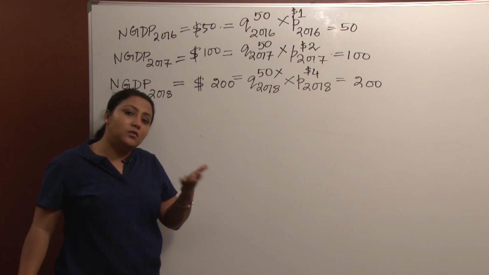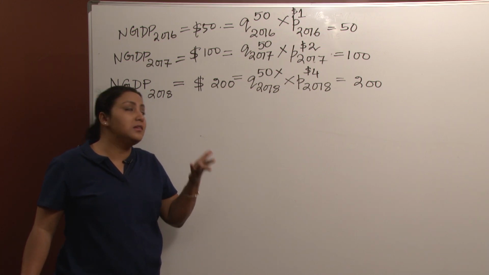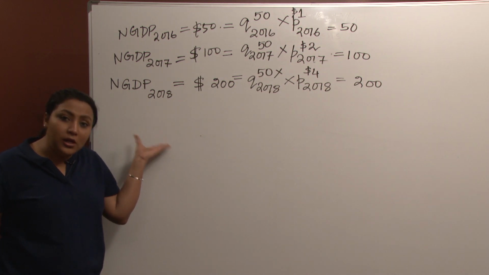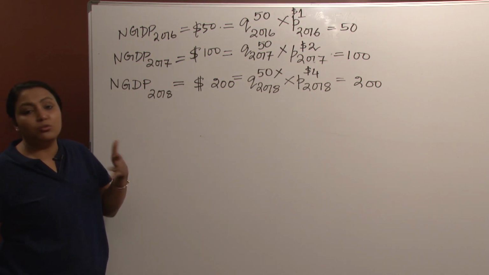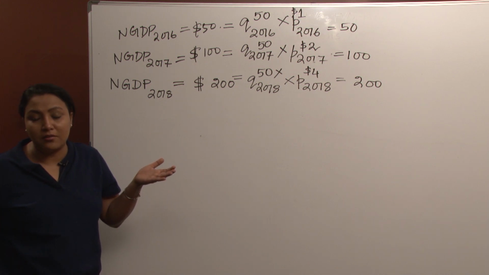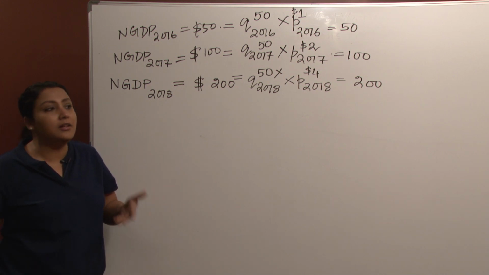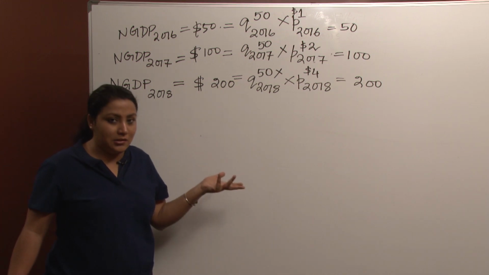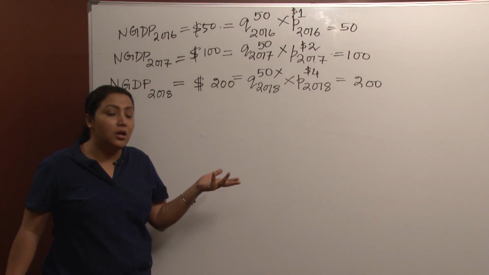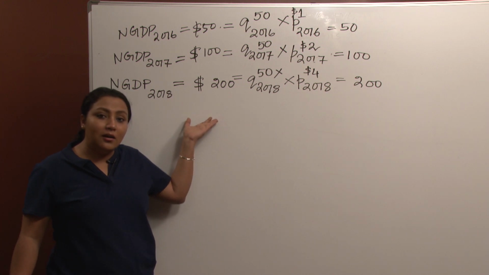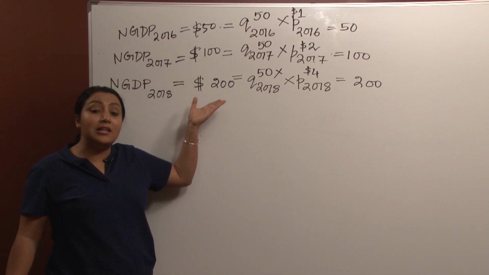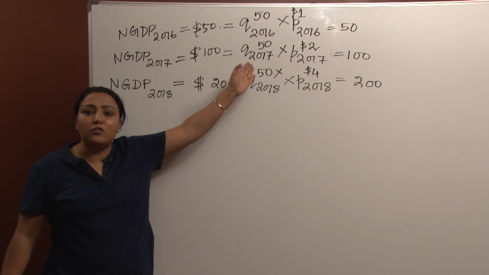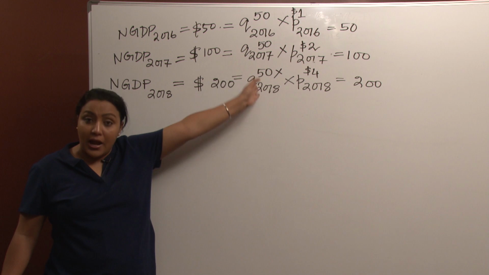However, now as students of economics, you must take these numbers, the nominal GDP numbers, with a pinch of salt, because really the nominal GDP numbers do not tell you anything about the production capacity of a country. It just tells you that the country has got a bigger volume of sales, right? That is what it tells you. But it does not tell you whether that bigger volume of sales is essentially driven by a bigger quantity or not. It could just be driven by a higher price, right?